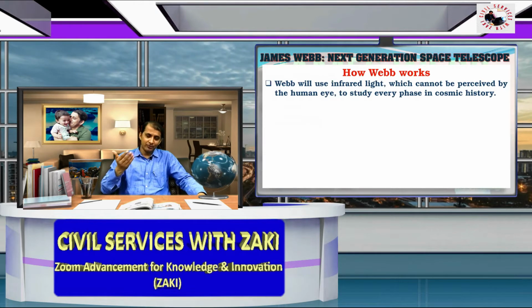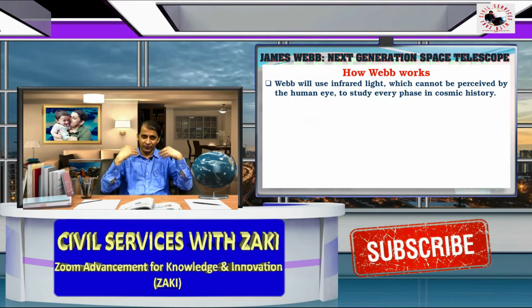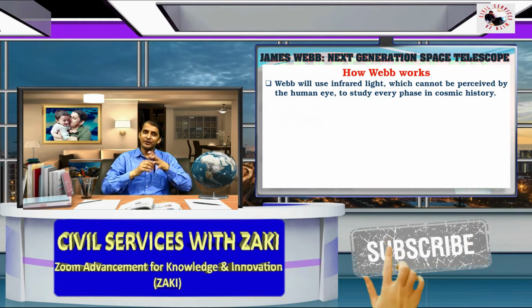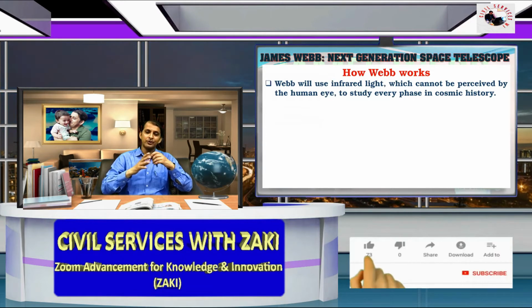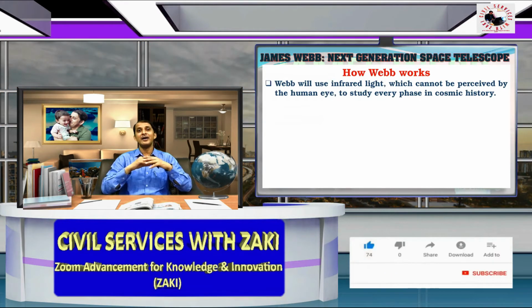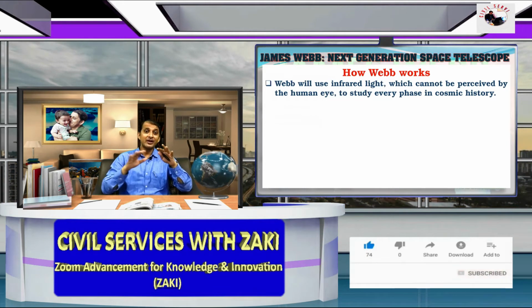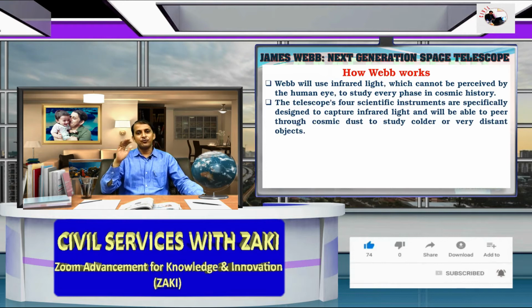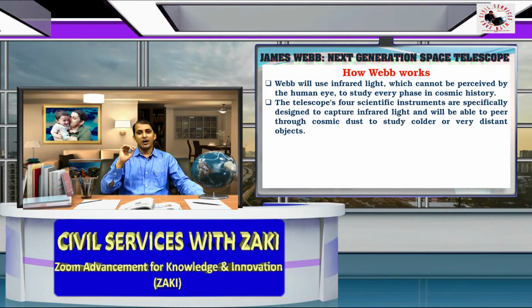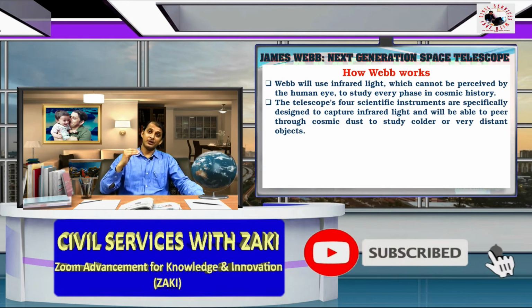As you know, humans only see visible light, not infrared or ultraviolet or other lights, so we use devices to detect this type of light. The telescope's four scientific instruments are specifically designed to capture infrared light and will be able to peer through the cosmic dust to study colder and distant objects.